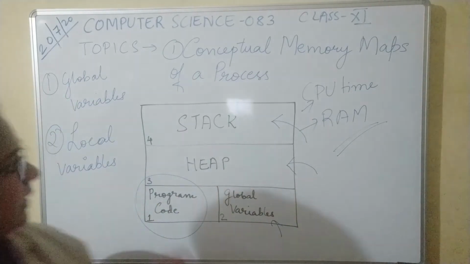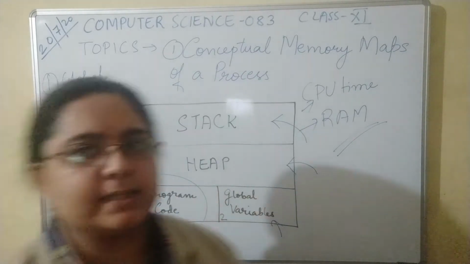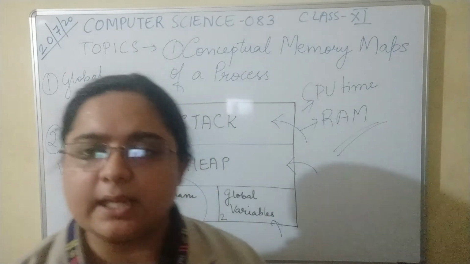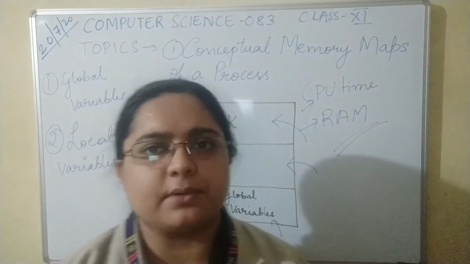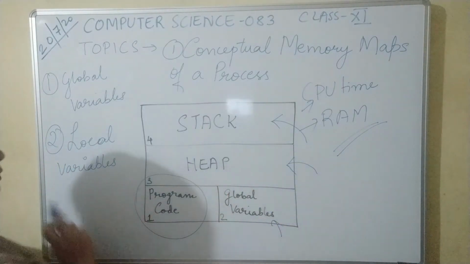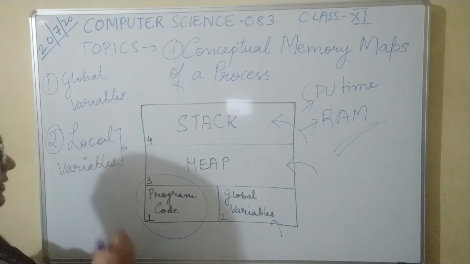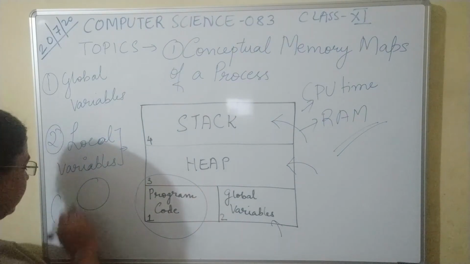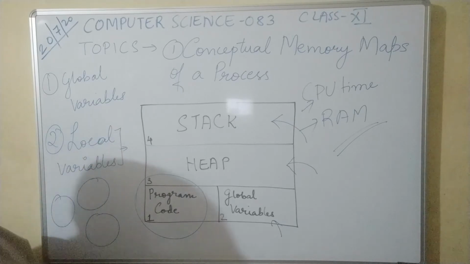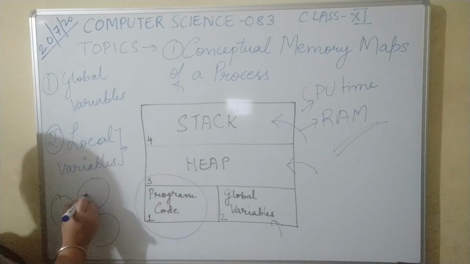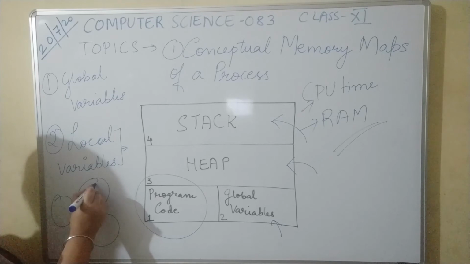So what are global and local variables? Although this concept we will be studying in detail when we start our Python programming, I'll just give an overview. Certain variables are used which are localized to a small module within the program. That is, in this particular area we can use local variables.